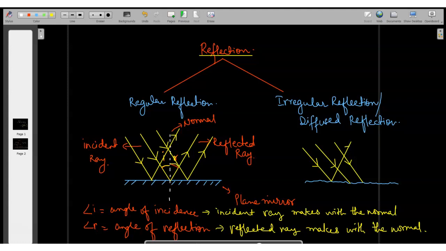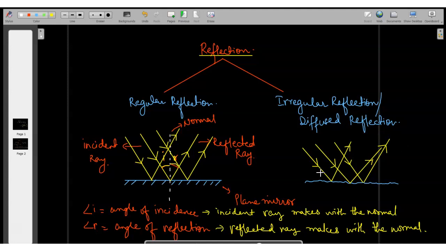So light rays are going to get reflected. But you will observe that the reflected rays are not parallel to each other. Unlike in regular reflection, where all the reflected rays are parallel to each other, in case of irregular reflection or diffused reflection, the reflected rays are not parallel to each other.